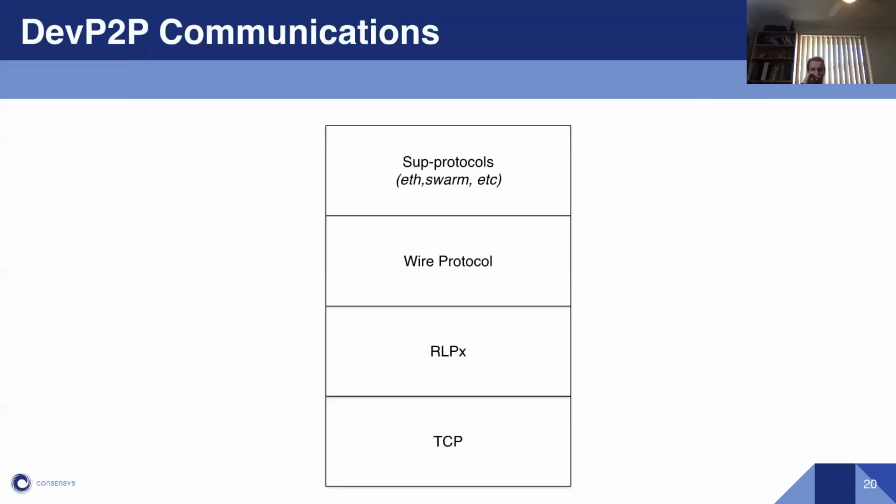The second stack that we've got is DevP2P, the more runtime communications for how things work once you've discovered nodes. How do you actually want to send messages to those nodes? It's a protocol that sits on top of TCP, based on a network stack, which in a diagram looks all beautiful, but in reality ends up being a bit more smeared between the different layers, because that's the way people end up writing code, and actually not really getting the messages quite right.